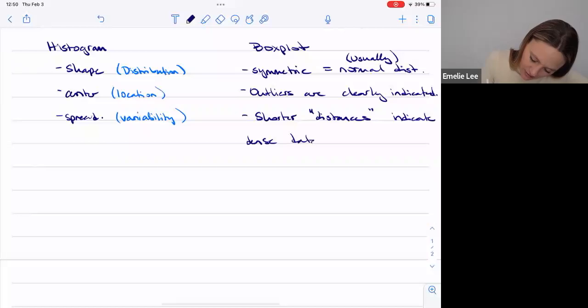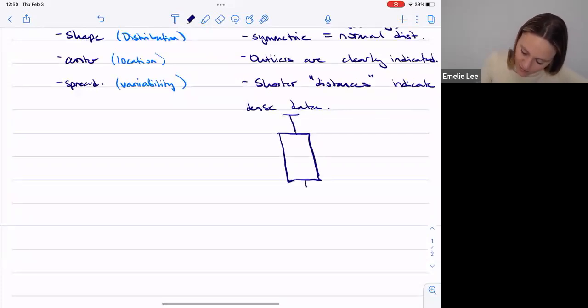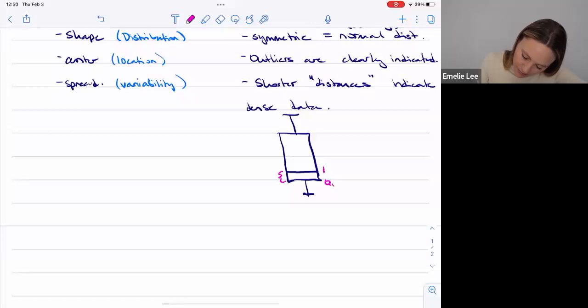So for example, if I have a box plot and it looks like this, and let's say I've got these basic whiskers here. Okay. And if I draw my median maybe down here, what does that mean? It means that 25% of the data is here, from Q1 to the median.